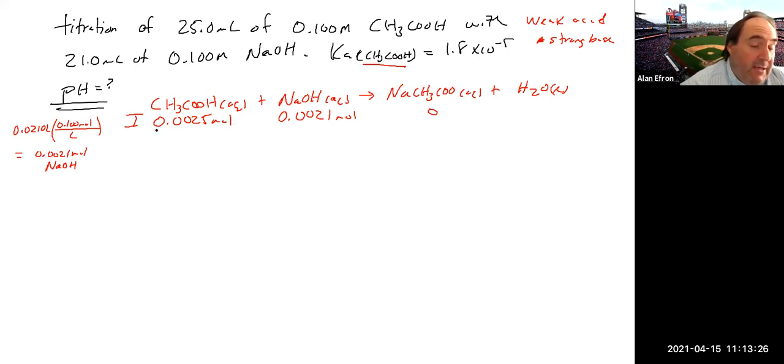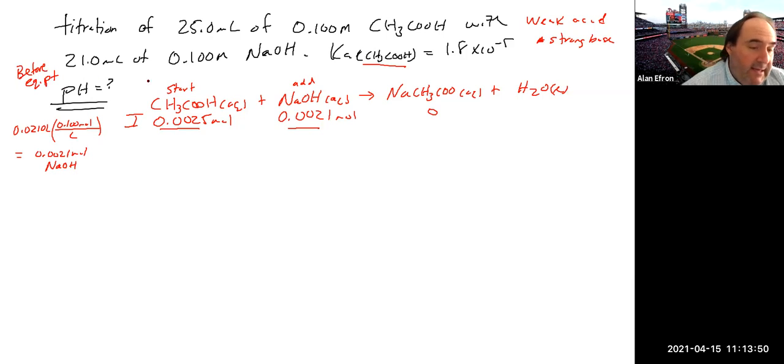Now I could actually do a quick look at these two things and go, all right, this is definitely what I started with. This is what I'm adding. And I can see that the moles of what I'm adding is less than the moles of what I'm starting with, which means I am definitely before the equivalence point here.